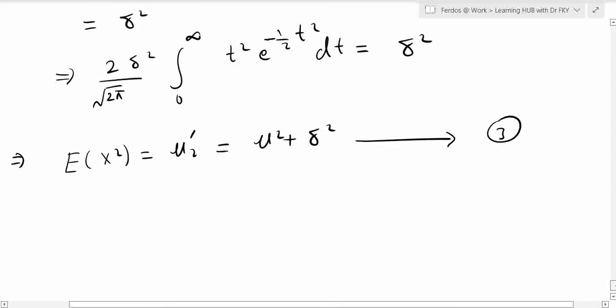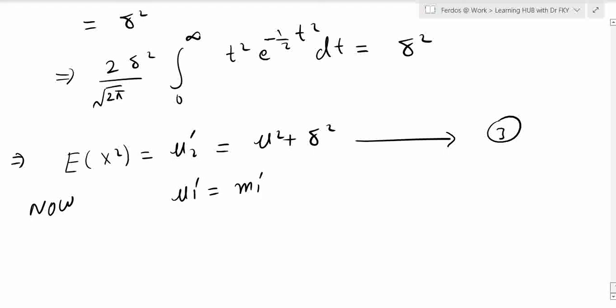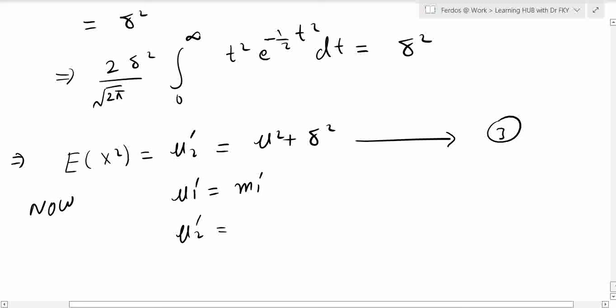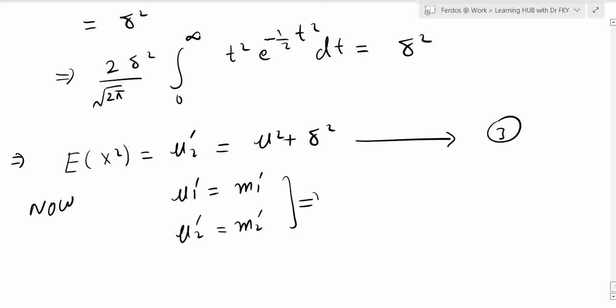So now we can solve. Now mu1 prime is equal to m1 prime, which implies that mu, which we calculated, is equal to x bar, which implies that the method of moment estimate of mu is x bar simply.